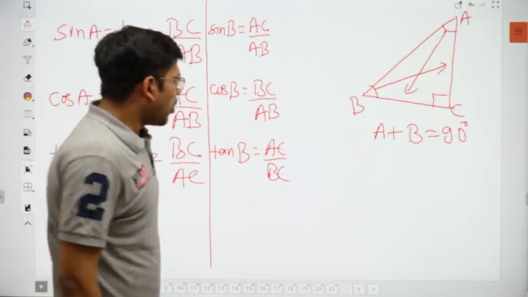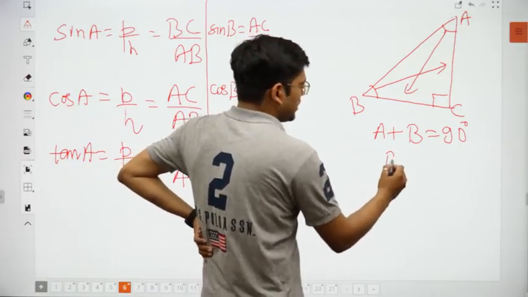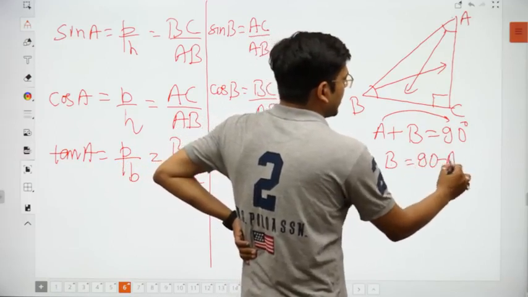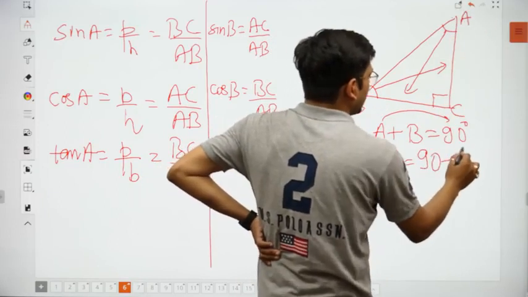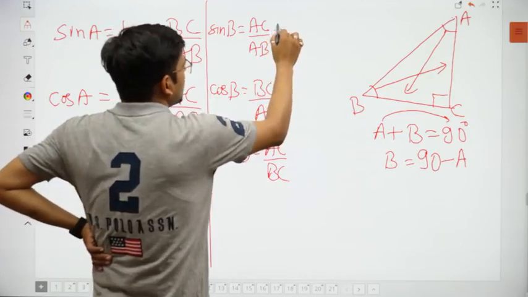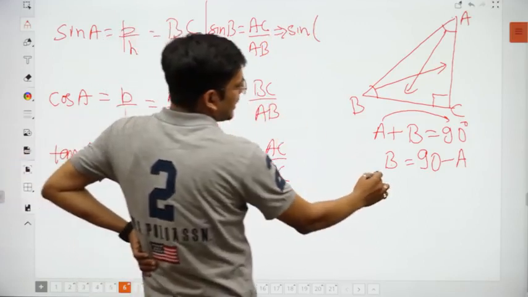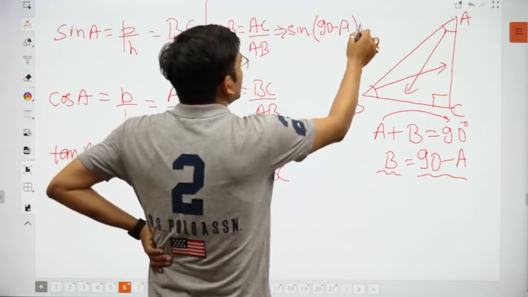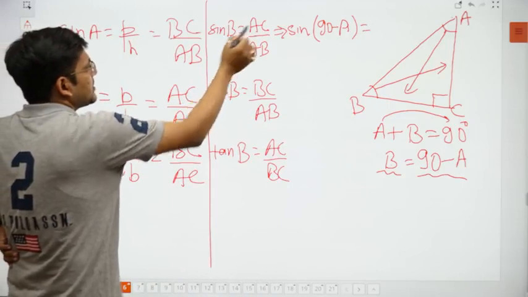Now see guys, what I can do here is, say for example, this B, I can express in terms of A, so this will become 90 minus A. Just to solve this, you see here sin B, in the place of B I can write 90 minus A, is equal to AC upon AB.